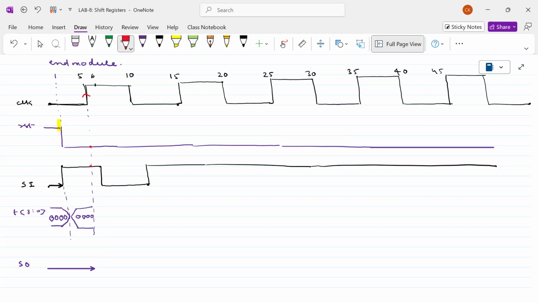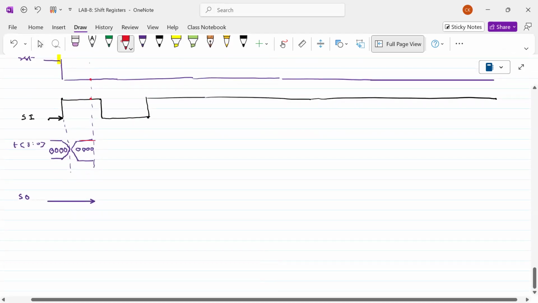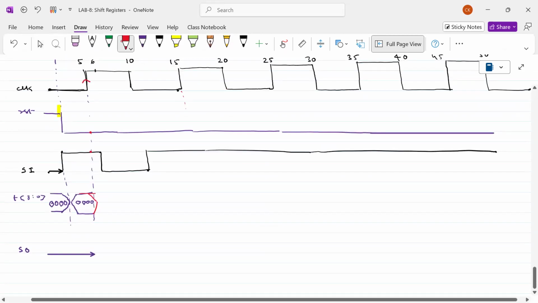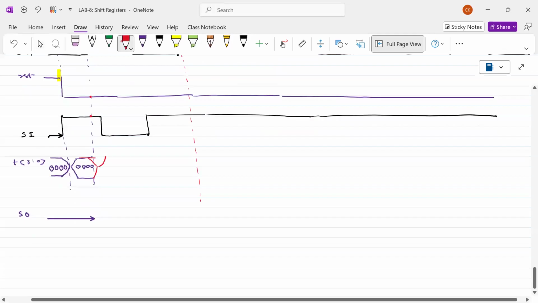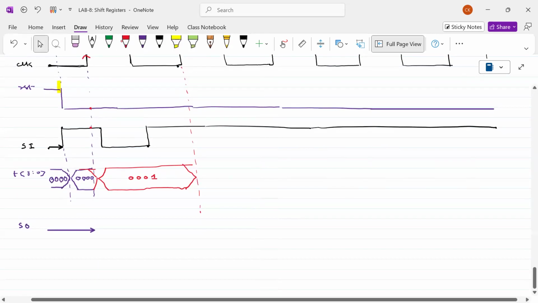That means that is shifted to the first position. Therefore, till the next positive edge of the clock, this value will be, what is the LSB position? The LSB position is 1, and the rest are 0, 0, 0. The internal flip flops are 0, 0, 0, 1.